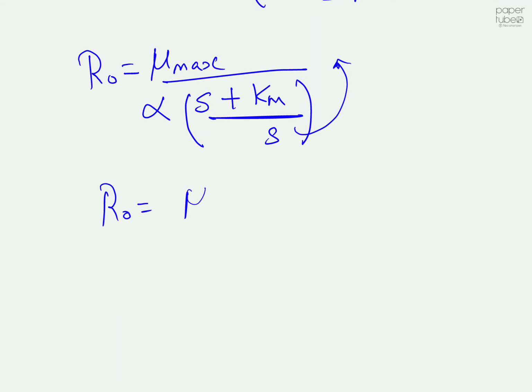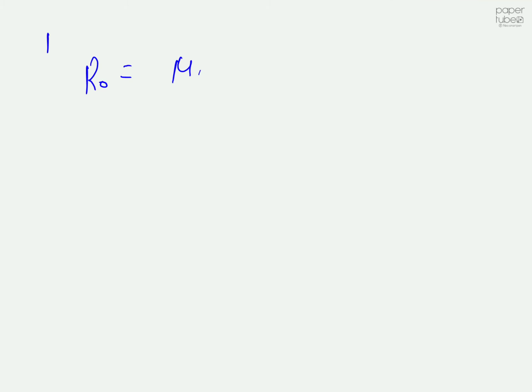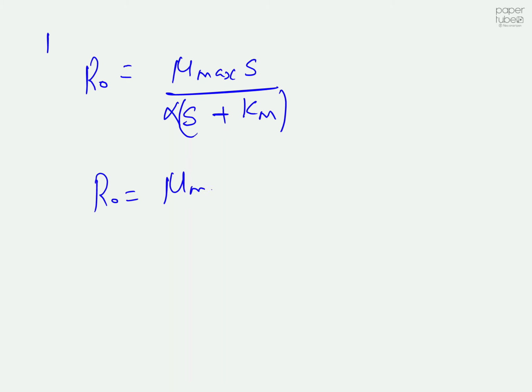R0 will be equal to mu max S divided by alpha S plus, no, this is not correct. R0 will be equal to mu max multiplied by S divided by alpha S plus Km. So if you expand it, R0 will be equal to mu max multiplied by your substrate concentration, divided by alpha S plus alpha Km.